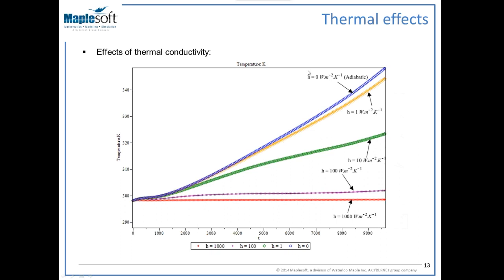By changing the parameter H, which is the effective heat transfer coefficient, we can see that when H is 0, which corresponds to the adiabatic process, the temperature is rising very quickly, and when H is getting larger, then the battery is being air cooled more efficiently. So you can see that the temperature is increasing more slowly when H equals 1000.